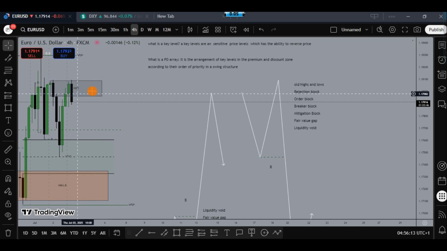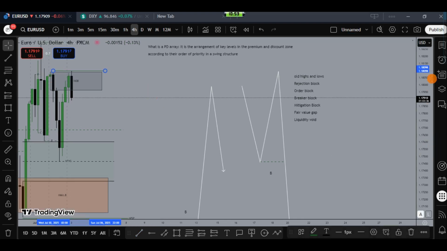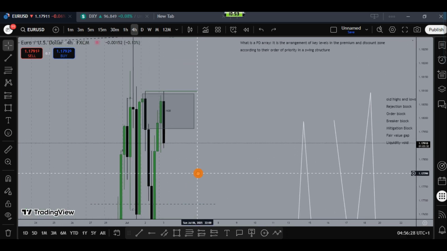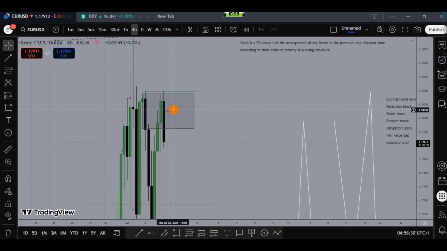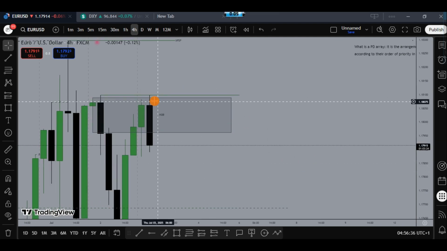Actually, this is not where price is rejecting from. Price is rejecting from the old high. If you take a close look at this, let me check. Oh, okay. So price traded across it.